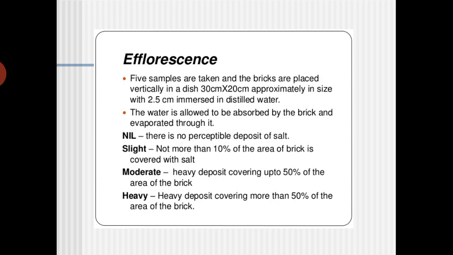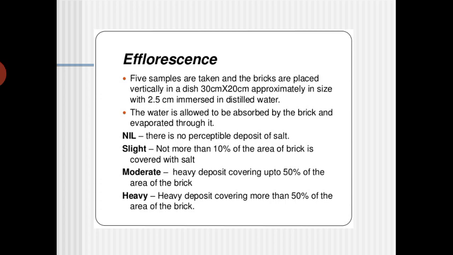Once you have the total area, see what percentage of the area is occupied with salt. How will you know it is occupied with salt? Normally if the salt is accumulated, you can see a white precipitate on the surface of the brick. If it is 10% of the total area, then you report it as slight.